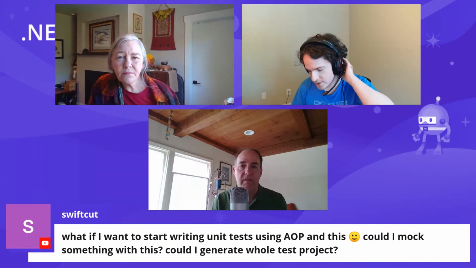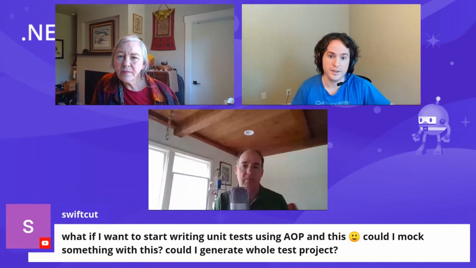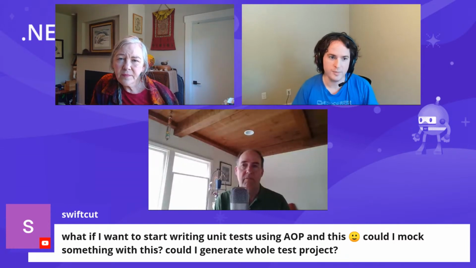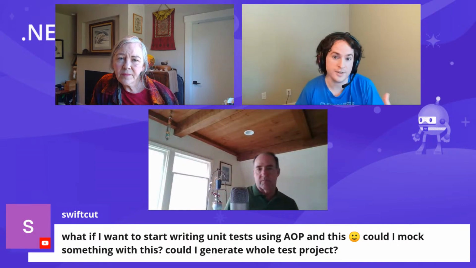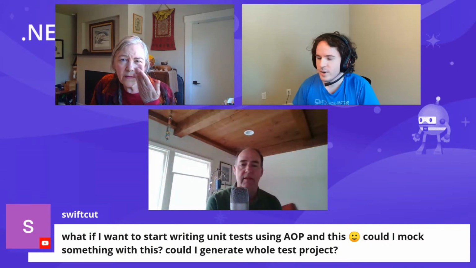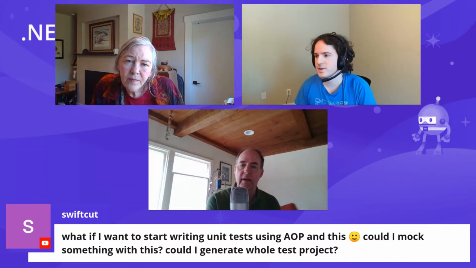And interceptors doesn't really help you with that, at least if you've already compiled the thing that you're testing, because everything's fixed at that point. This doesn't insert an override of a method, or it's not particularly intended for that. So I think it probably won't help a lot with testing scenarios.